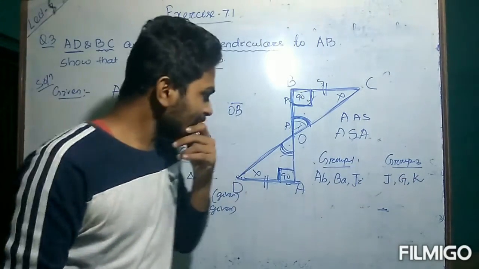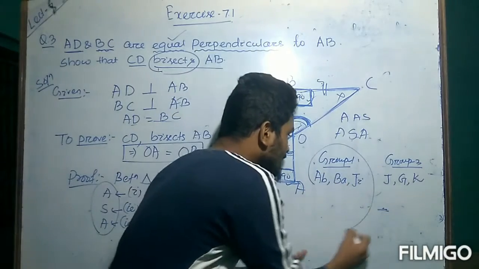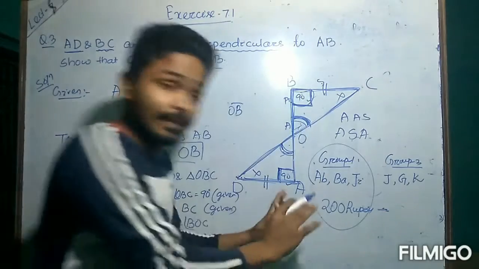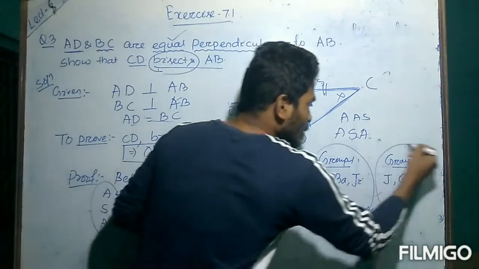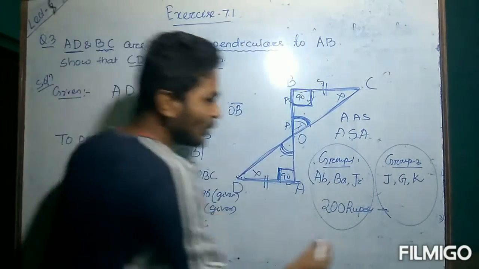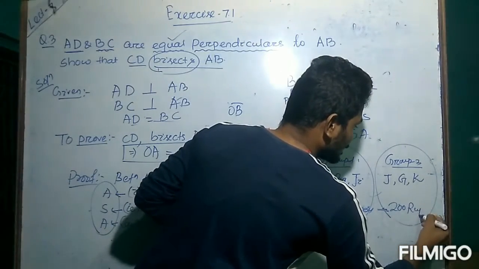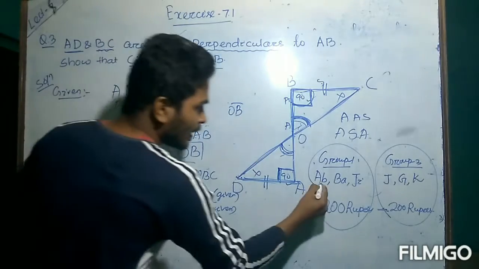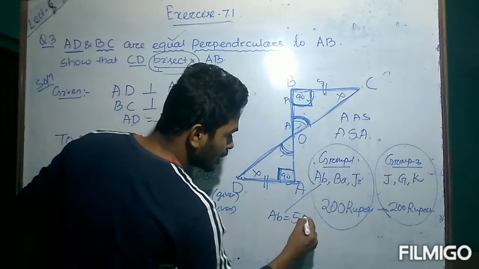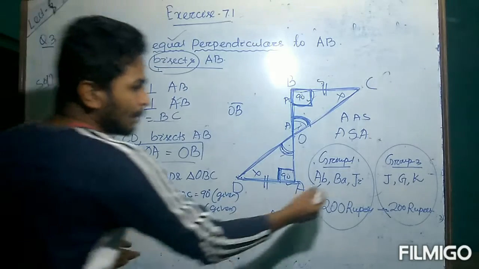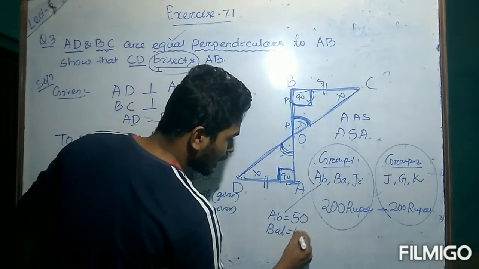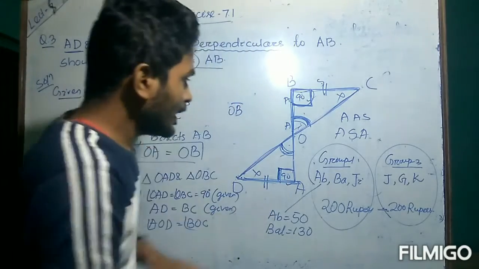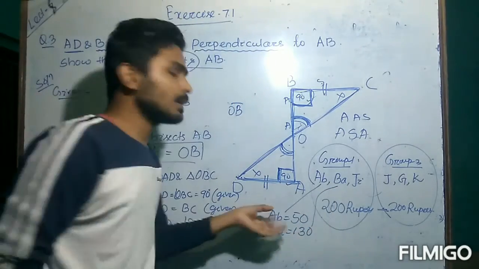Now it is given that in group 1 they have a total of 200 rupees. And in group 2 they also have a total of 200 rupees. Clear? Next, it is given Abhay has 50 rupees, Balram has 130 rupees.